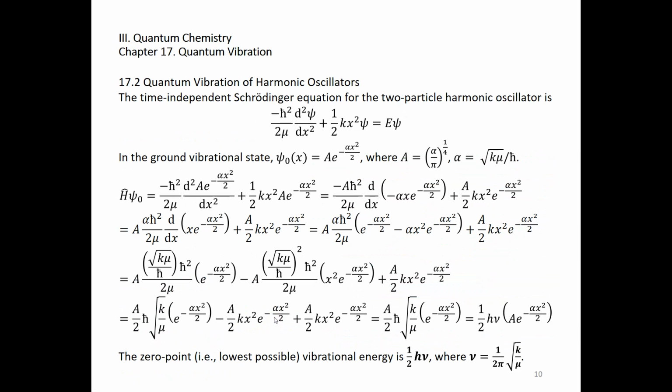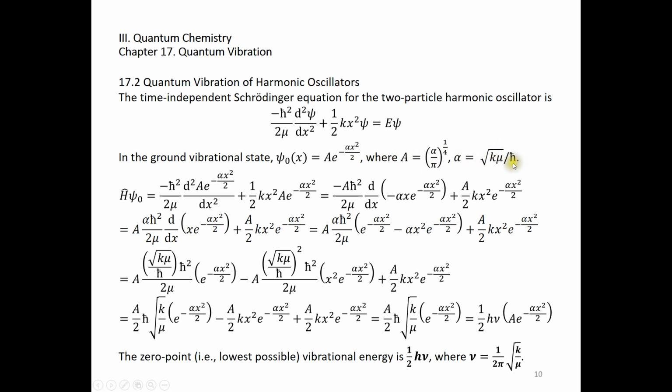The time-independent Schrödinger equation for the two-particle harmonic oscillator is H psi equals E psi. H is the kinetic energy operator plus the potential energy operator. In the ground vibrational state, we have a ground vibrational wave function, which is a Gaussian function here. A is the normalization factor, alpha is the square root of k mu over h bar.